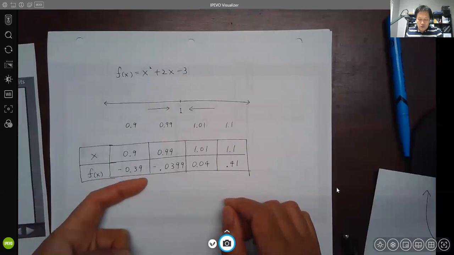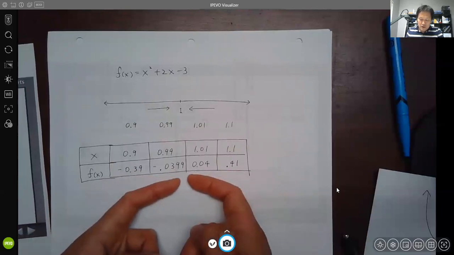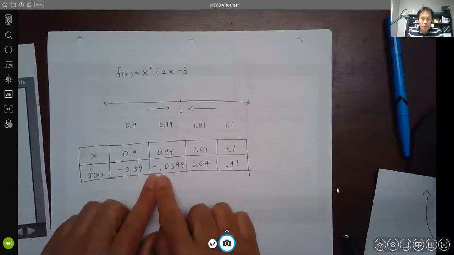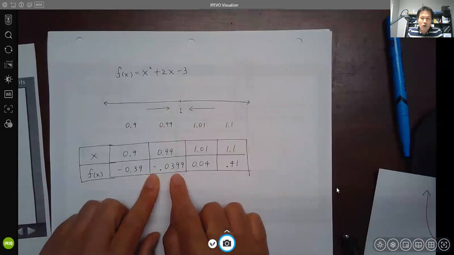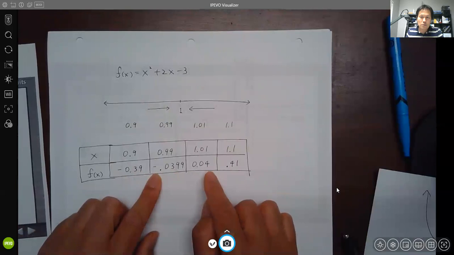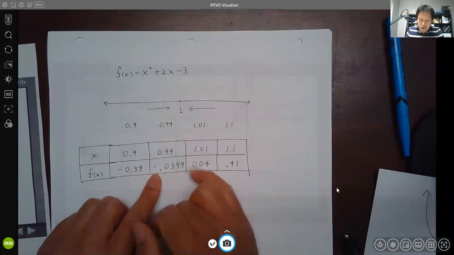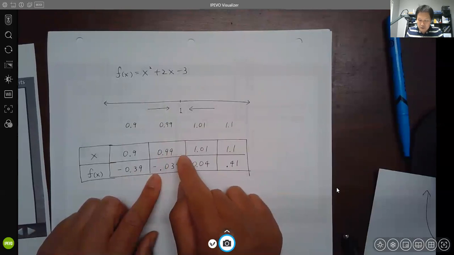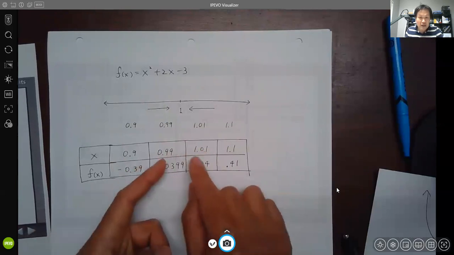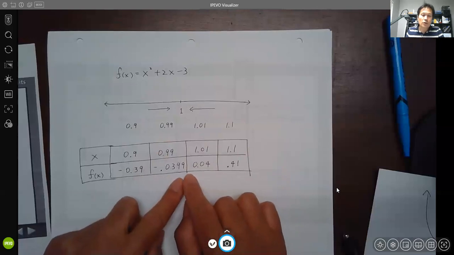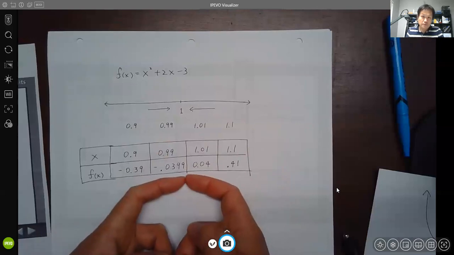The y value is approaching a certain value. Minus 0.03 is almost 0. Minus 0.04 is almost 0. If you go a little closer, 0.999, 1.001, if you make the gap even smaller, it will be almost 0. They are approaching 0.